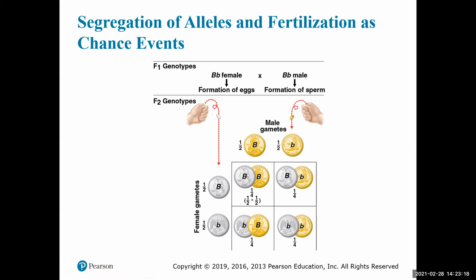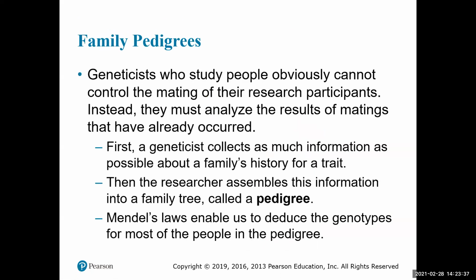And by understanding that, you can then look at these monohybrid crosses and determine the probability of any of the scenarios that could potentially come up, say, with this heterozygous versus heterozygous cross of parents, or monohybrid cross.